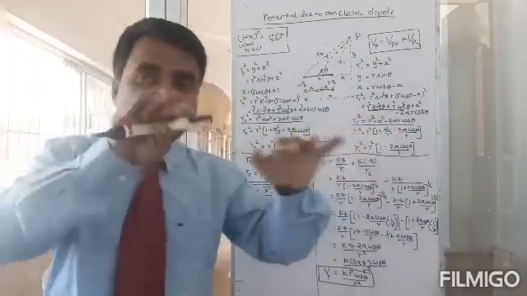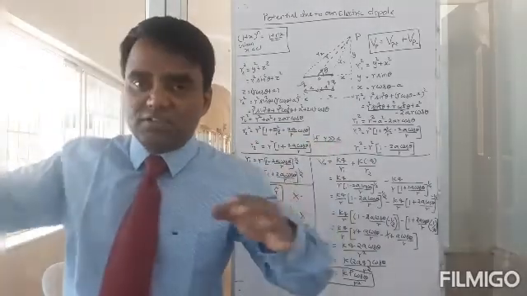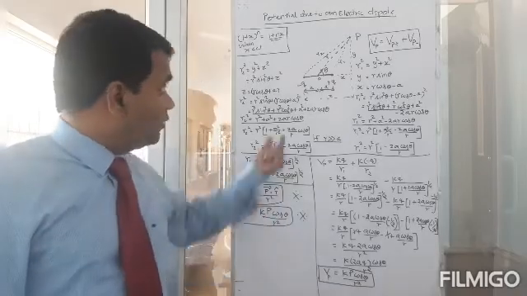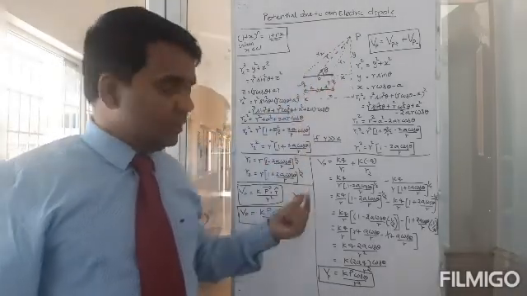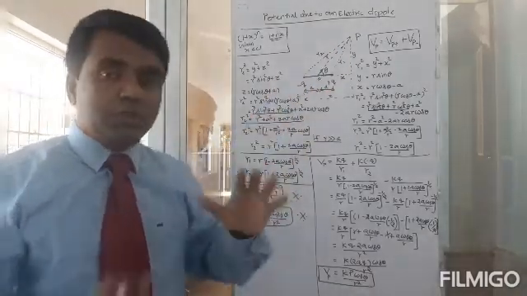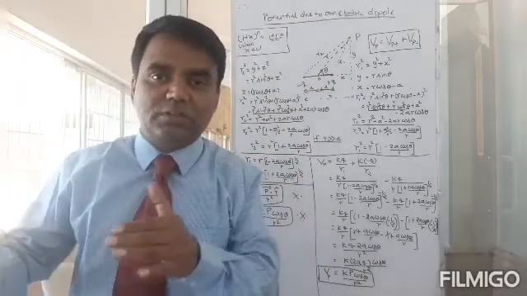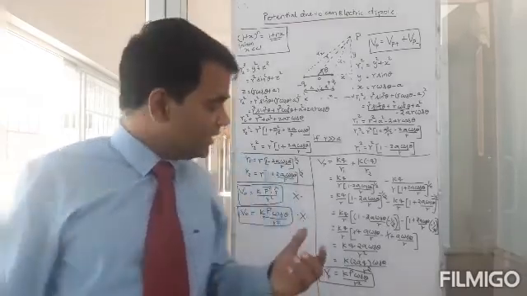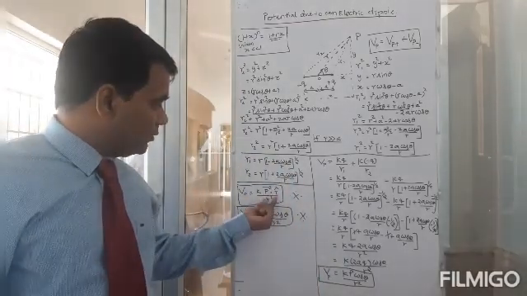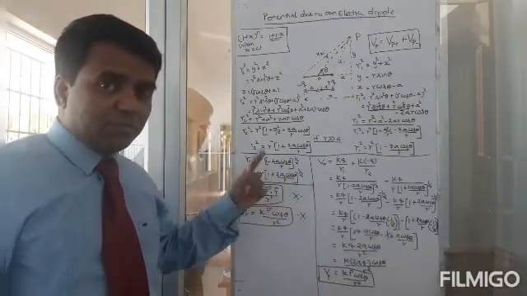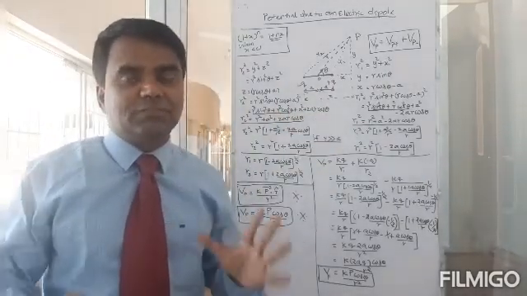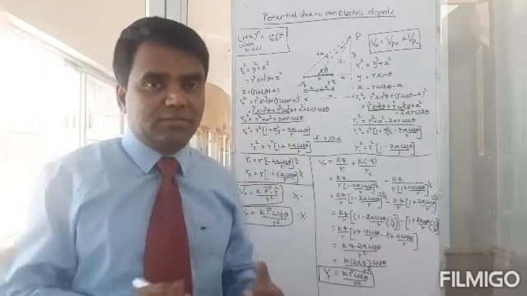So the electric field will fall faster as you go away from the dipole. The potential will fall a little slower than the electric field, because it is falling by 1 by r square, but E was falling by 1 by r cube. So that's the difference. Just keep that in mind.